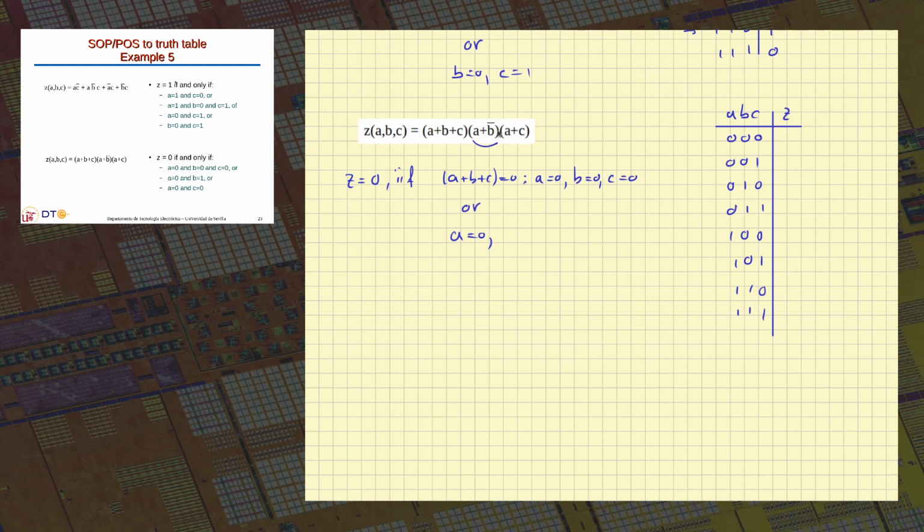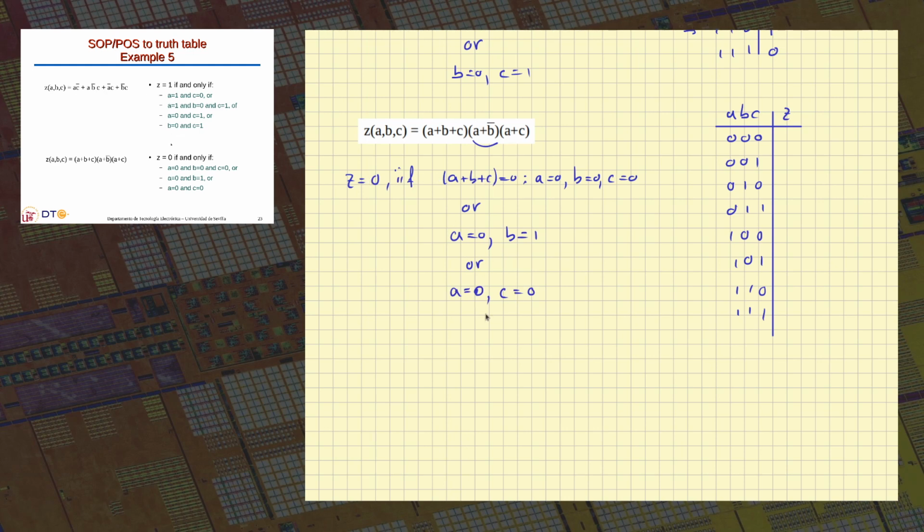But to have this literal as a 0, I need B to be 1 because it's complemented. So I need A to be 0, B to be 1. Or the other possibility is that A is equal to 0 and C is equal to 0. Okay? In these three cases, the function will be 0.